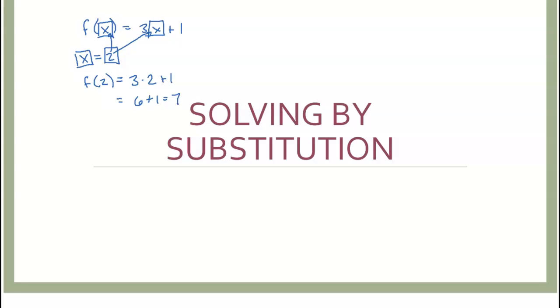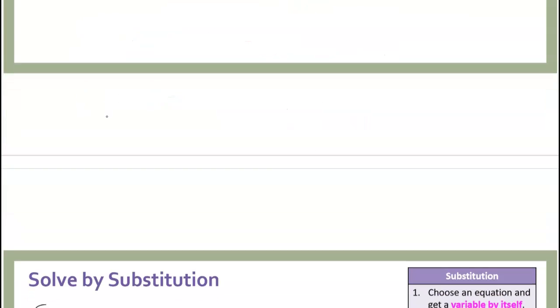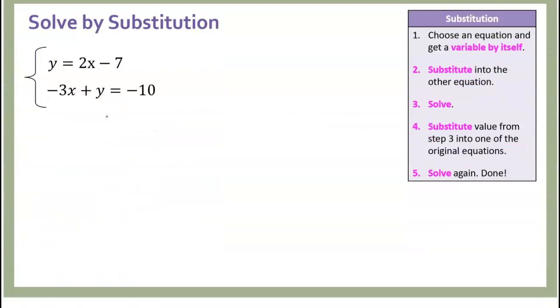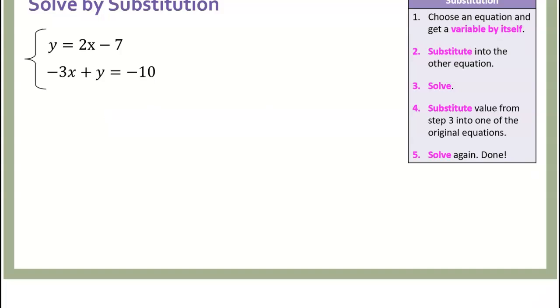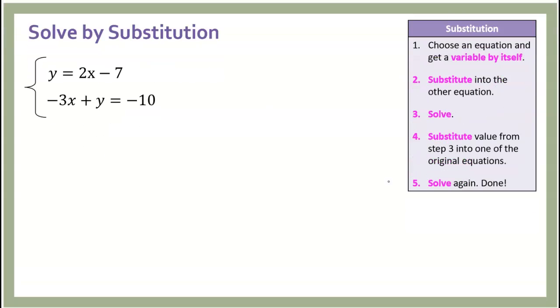We're going to be doing something very similar today. The only difference now is that instead of one equation, we're going to have two equations. And instead of one variable, we're going to have two variables. So let's take a look at how we do that. Here are our steps over here on the side.